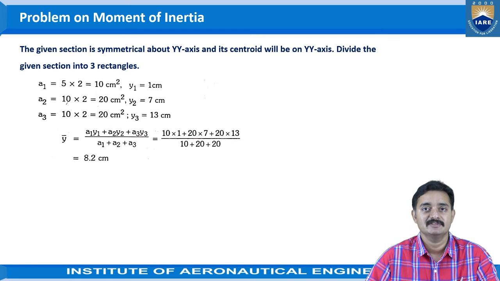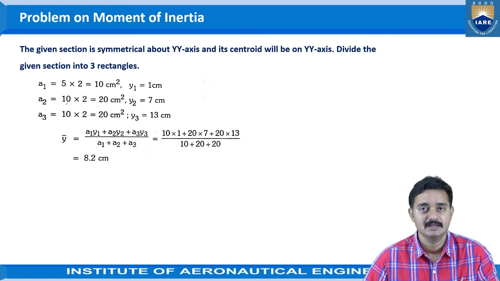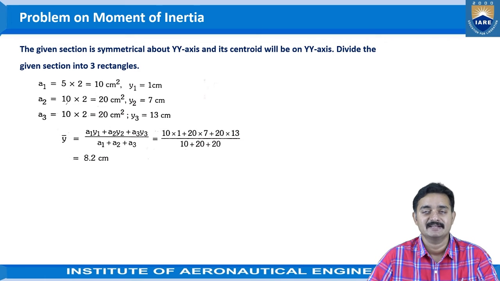Coming to the area of the second rectangle, which is 10 into 2, that is equal to 20 centimeters square, and y2 is equal to 7 centimeter. Then the area of rectangle 3 is 10 into 2, that is 20 centimeters square, and the distance of the centroid from the reference axis, y3, is 13 centimeter.